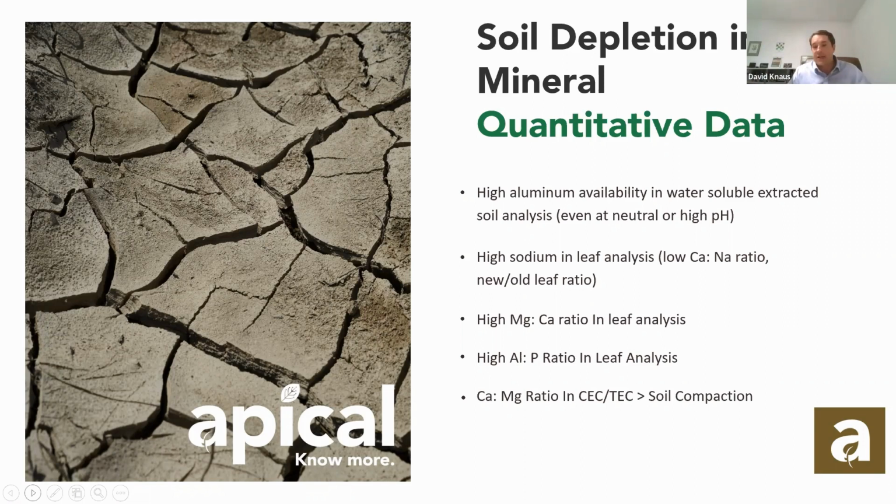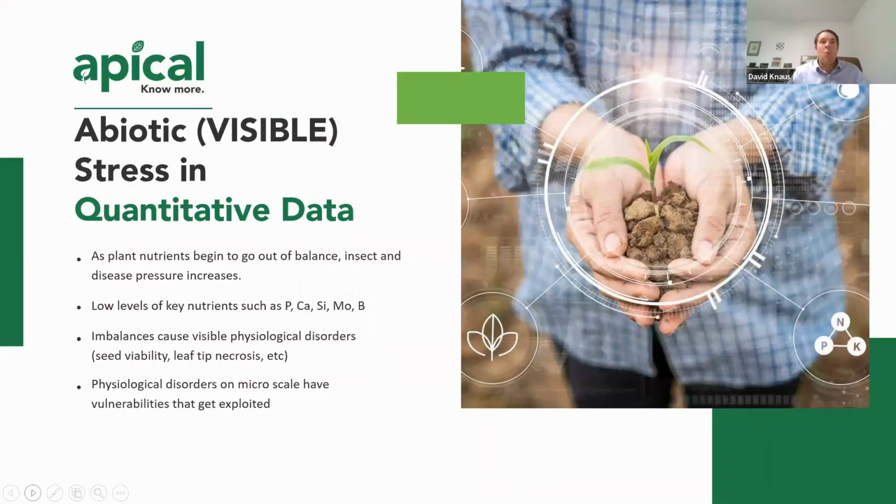And last but not least, we find that when calcium to magnesium ratios are inadequate, as Dr. William Albrecht confirmed many years ago, soil compaction and lack of soil aeration, flocculation, soil aggregate stability, etc., is an outcome there.